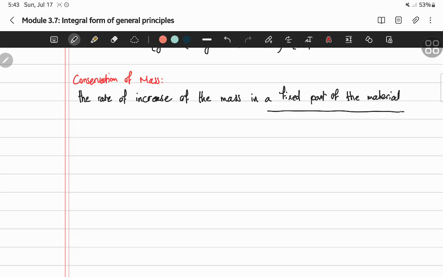So we select a fixed part of the material and we say the rate of the increase of the mass in this fixed part of the material is always 0.